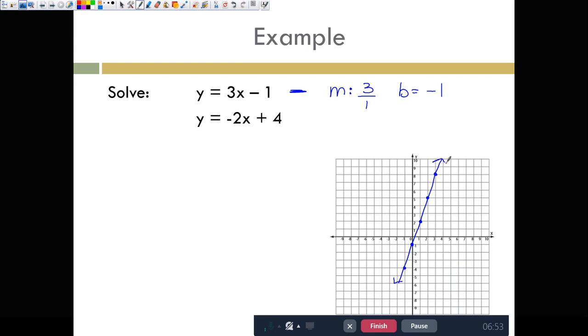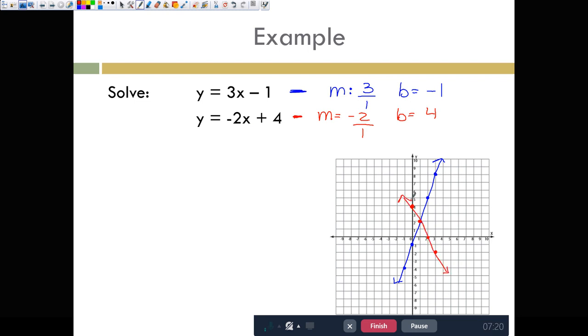Okay? My slope here is going to be -2, or -2 over 1, and my b is going to be 4. So I'm going to start at my y-intercept at 4, and I'm going to go down 2 and over 1, down 2, over 1, down 2, over 1 to the right.